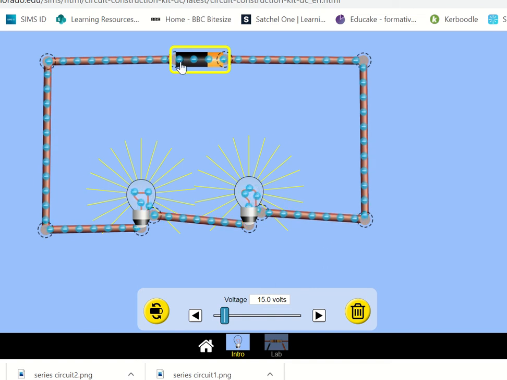The boiler supplies the water, which are my electrons, with energy, with heat energy, and the water moves through the pipes, transferring that heat energy to the radiators. Once they've supplied energy to the radiators, the water then moves back where it gets energy from the battery. Now, as I say, it's not a perfect model, but it does help you see and visualize how electric circuits actually work.